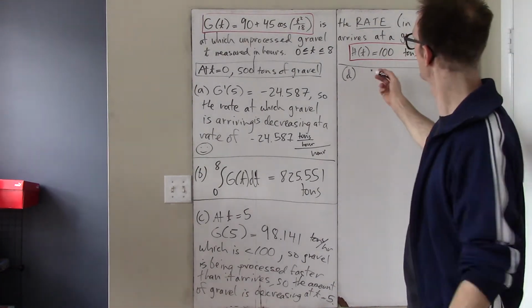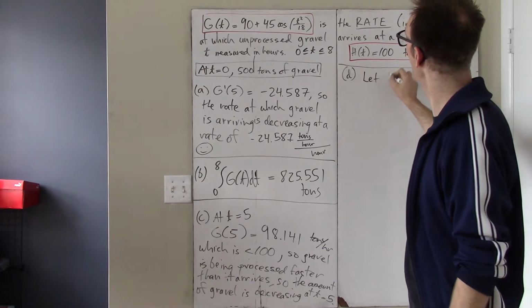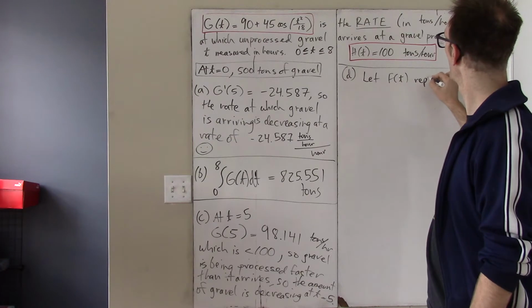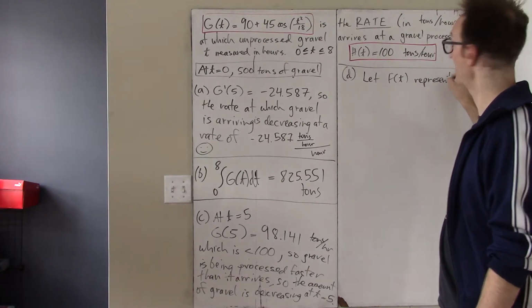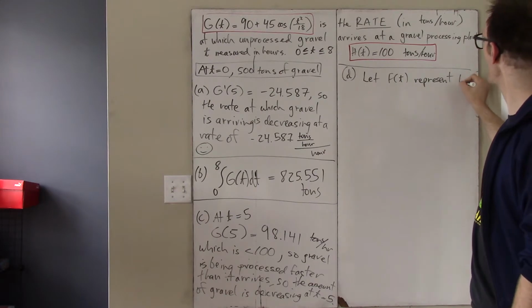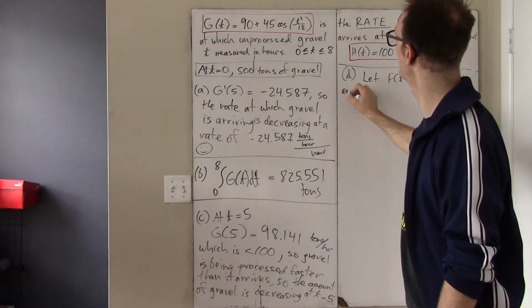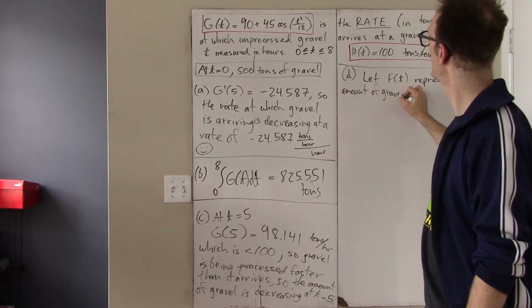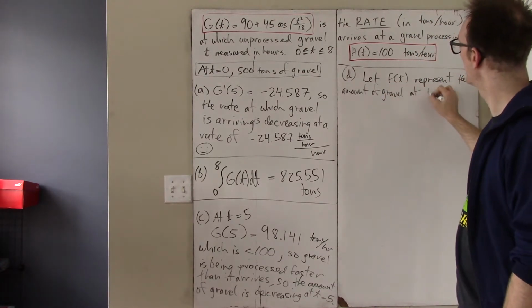So let's do that. Let f of t represent, and you can invent your own function, this is what I recommend in situations like this, the amount of gravel at time t.